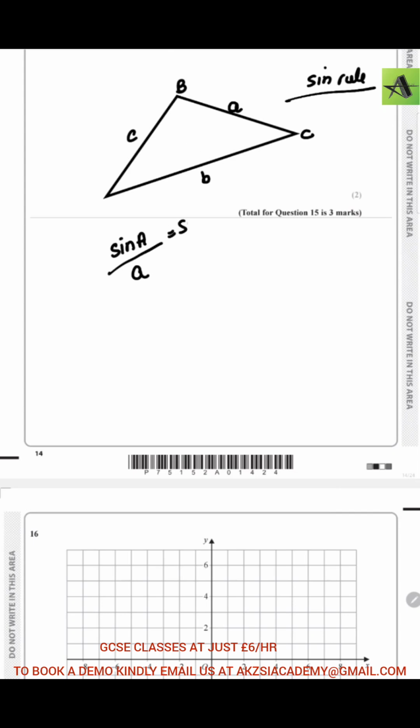So sine of angle B over B equals sine of angle C over opposite side, C. So this is sine rule.